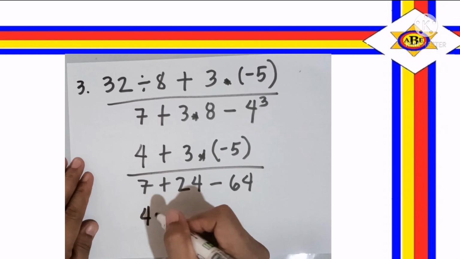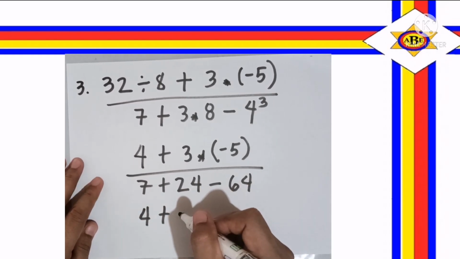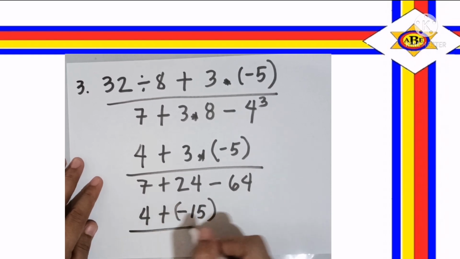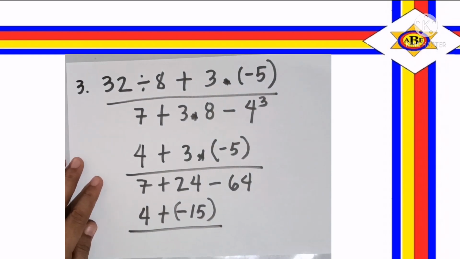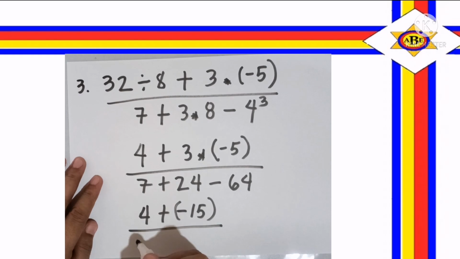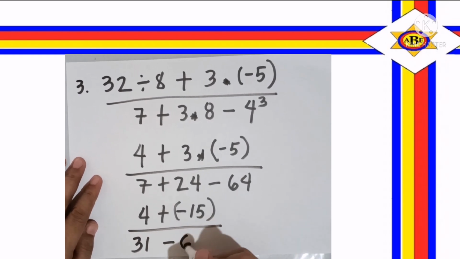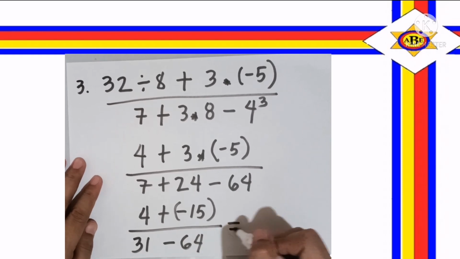So, 4 plus negative 15, all over, this is 31. 31 minus 64.